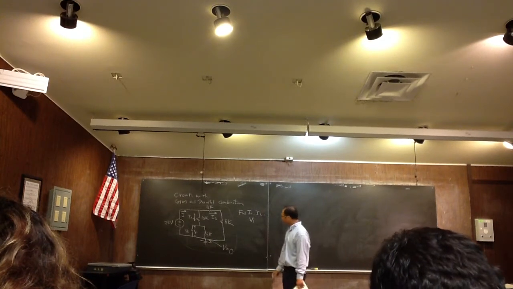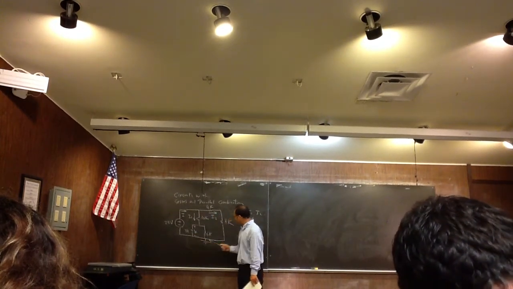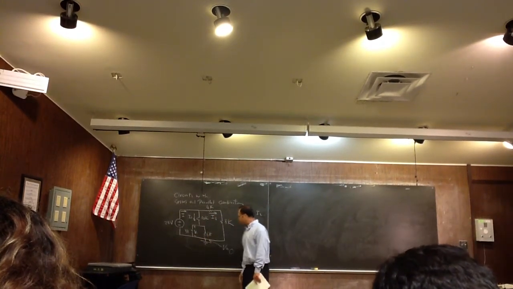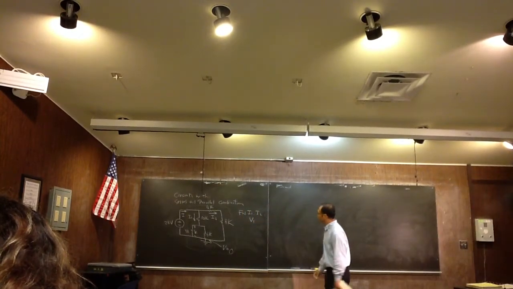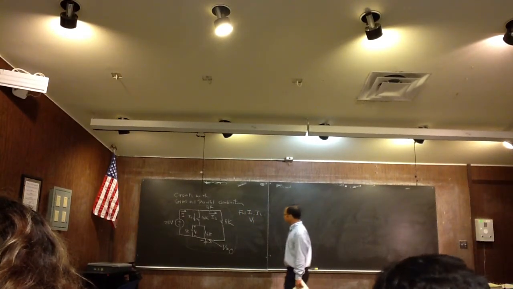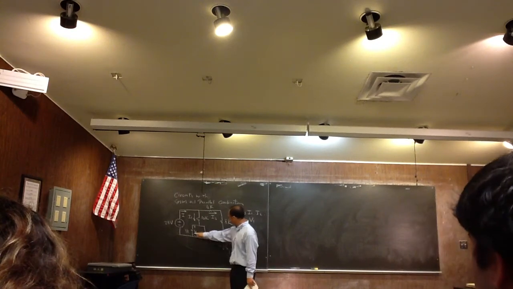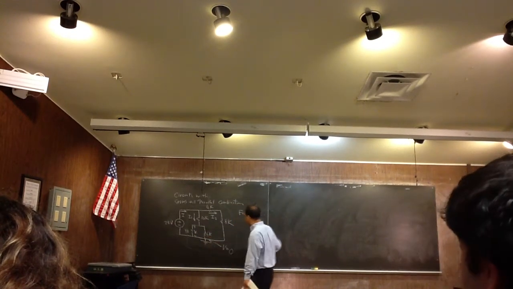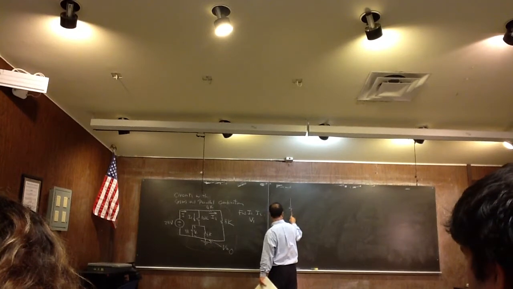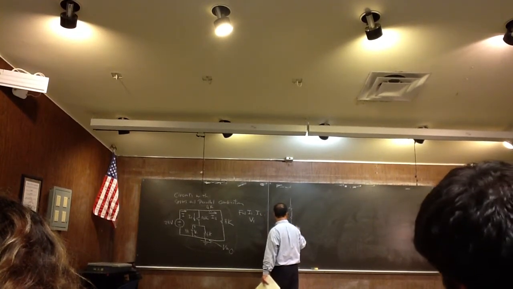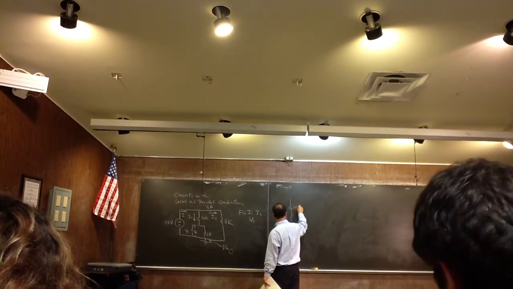So, what is the single equivalent resistance in the box? You need to understand that this is in parallel, correct? So you have 10K, right?